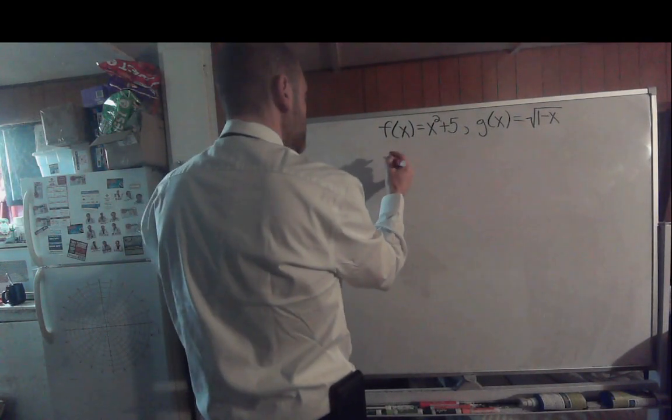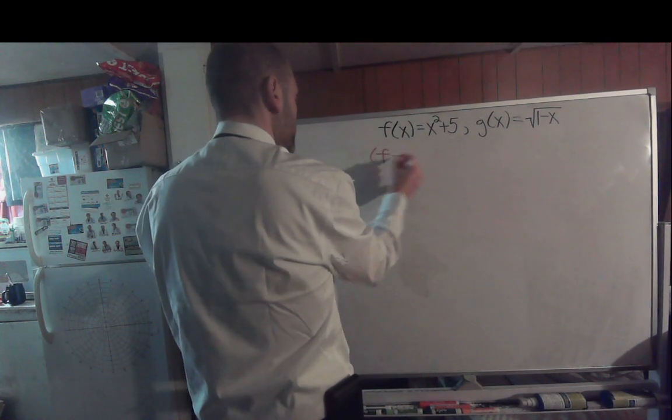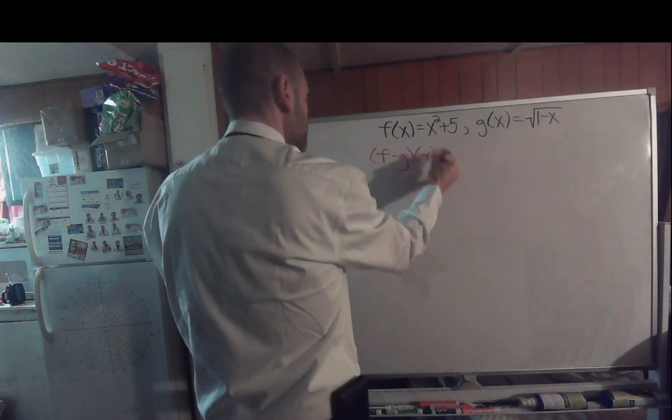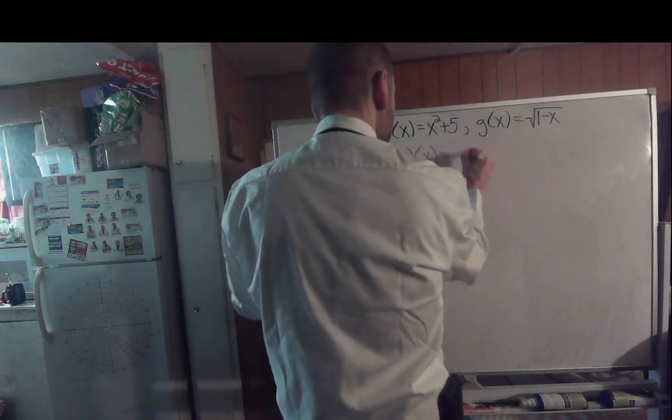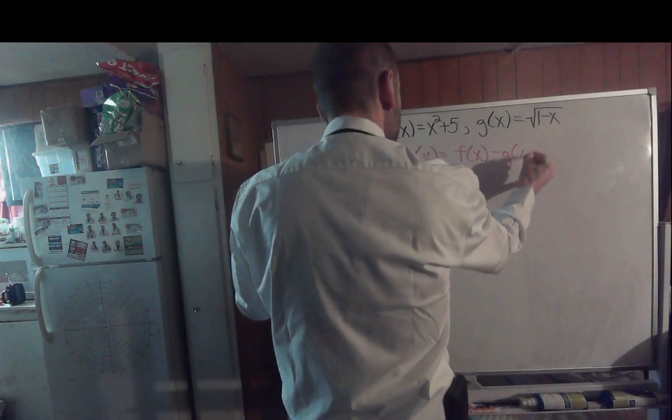All right, so now let's do f minus g of x. That, of course, is going to be f of x minus g of x.